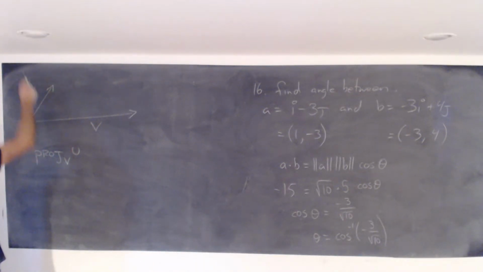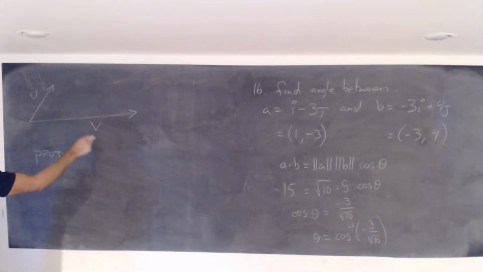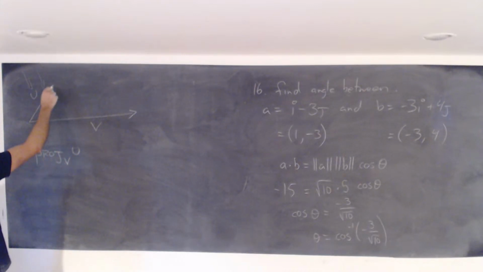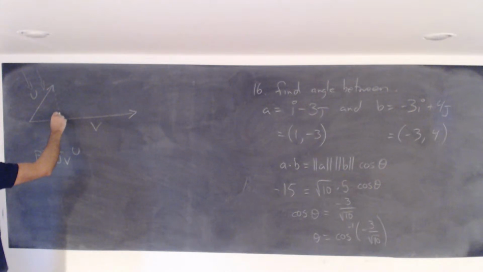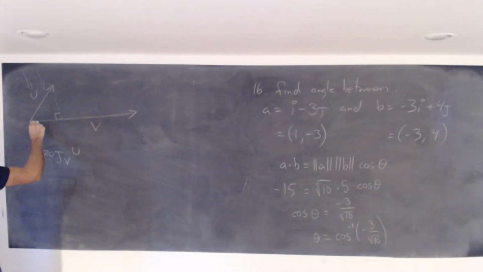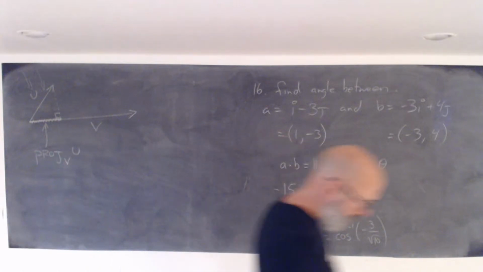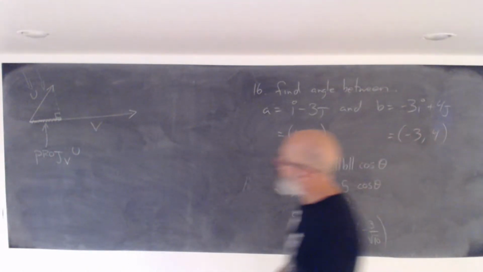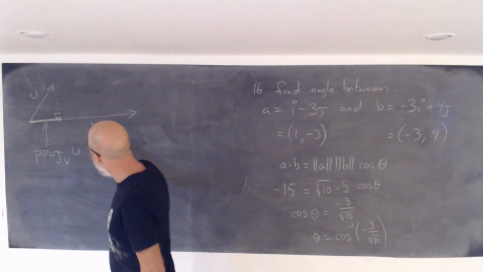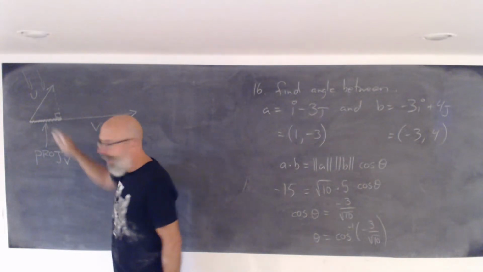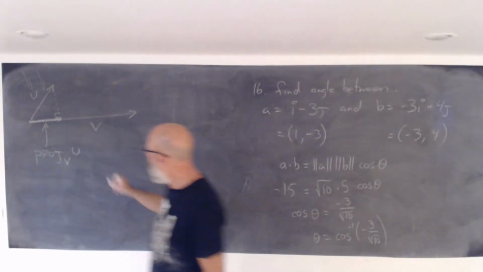Imagine shining a light in a direction perpendicular to v, so that this u is going to cast a shadow onto v. We want to know what is this vector. This shadow here is the projection of u onto v. And as you see, it's really a vector in the same direction as v. So it has to be a multiple of v.